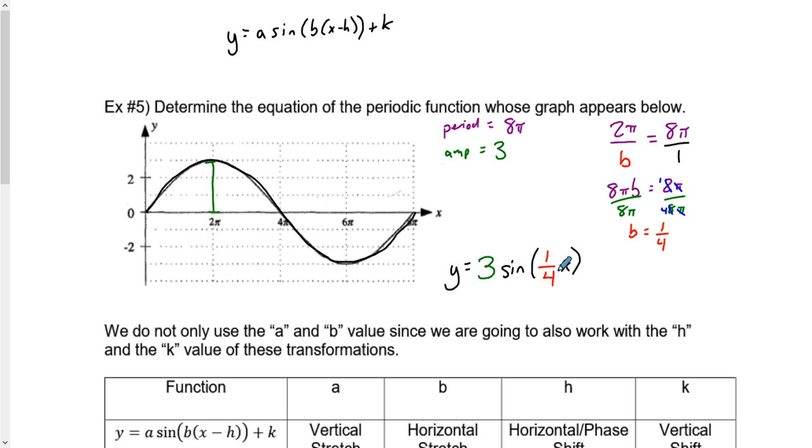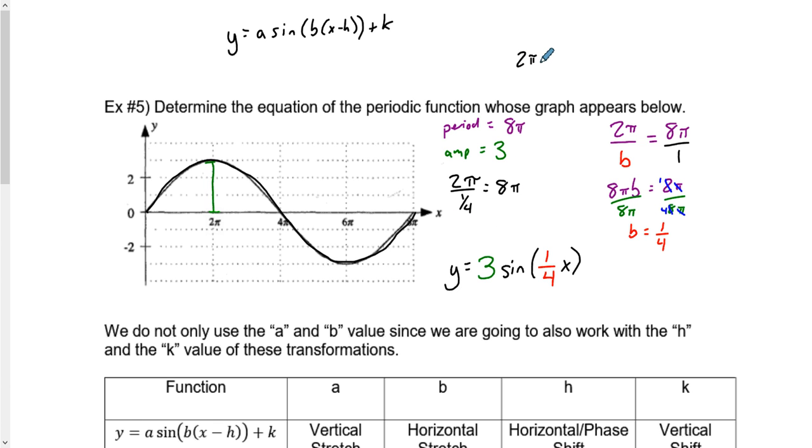Now, how does that make sense? Well, it's actually just saying 2 pi divided by our b value of 1/4 gives us what the period would be. And you could calculate it by decimal, you can calculate by strict calculation.